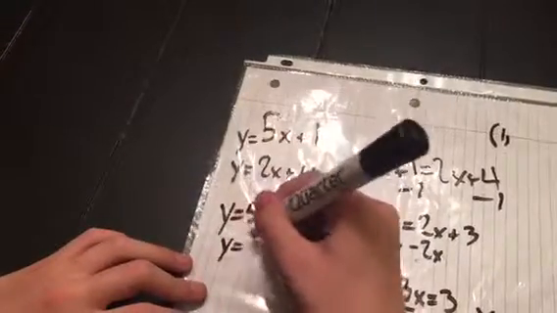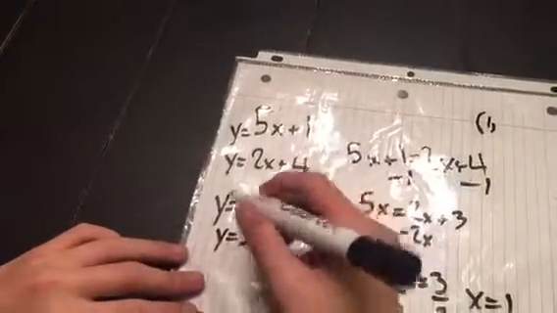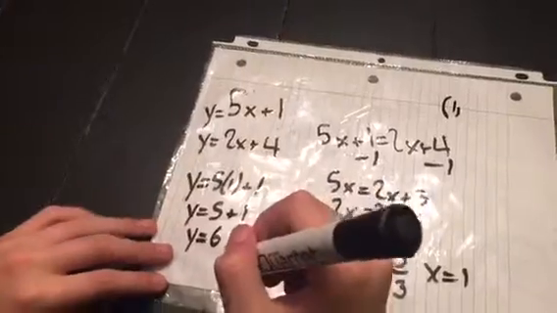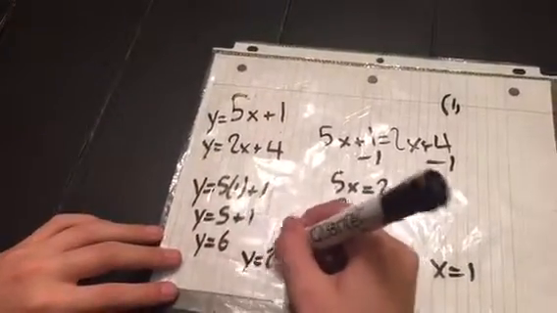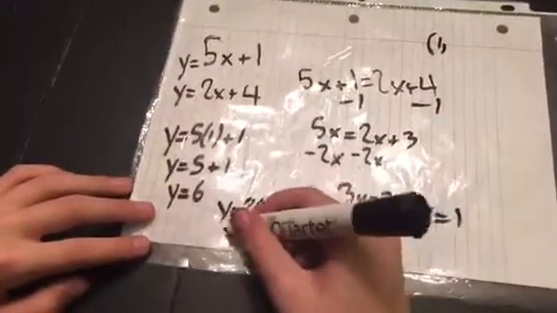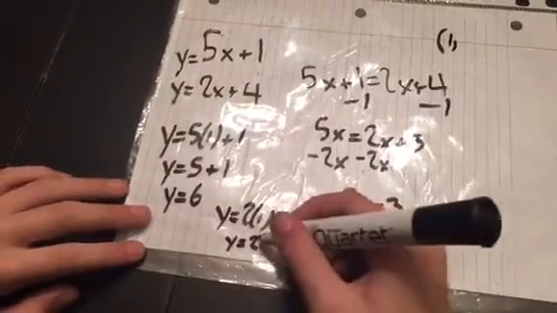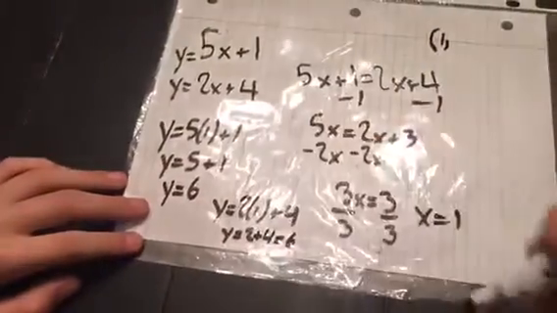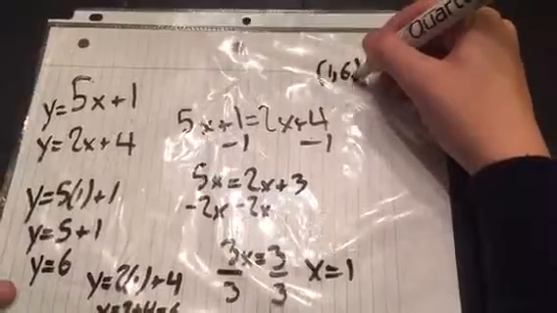So y equals 5 plus 1, and so we know that 5 plus 1 equals 6. To check that, we will plug it into the other one. So we have y equals 2(1) plus 4. Y equals 2, because 2 times 1 is 2, plus 4 equals 6, and we got y equals 6 on both, so the answer is (1, 6).